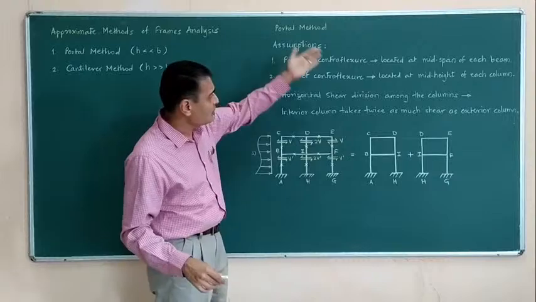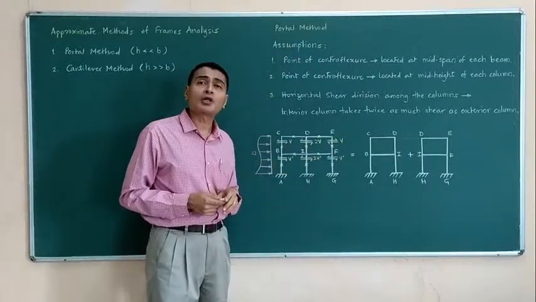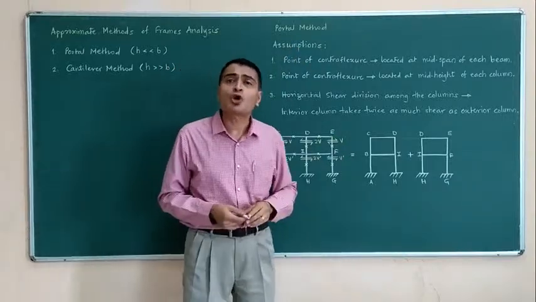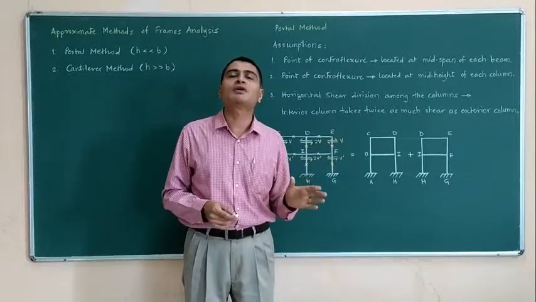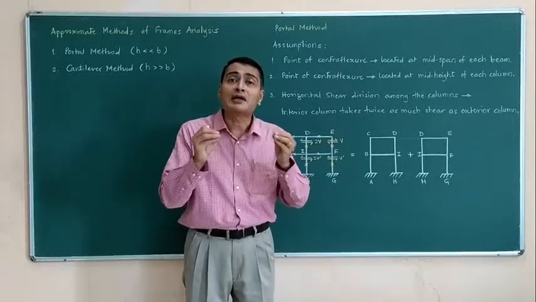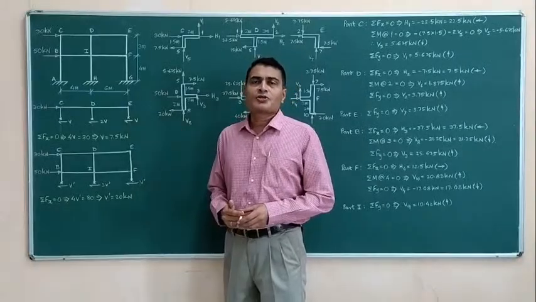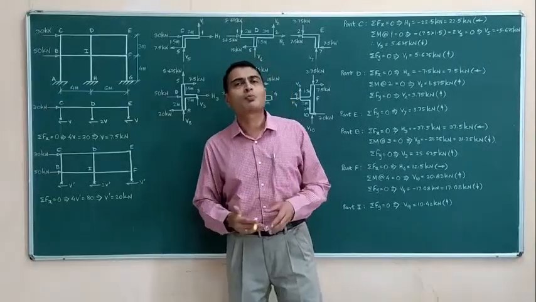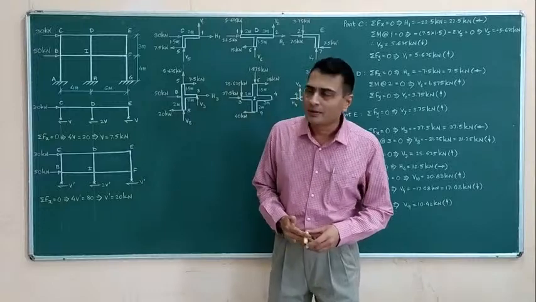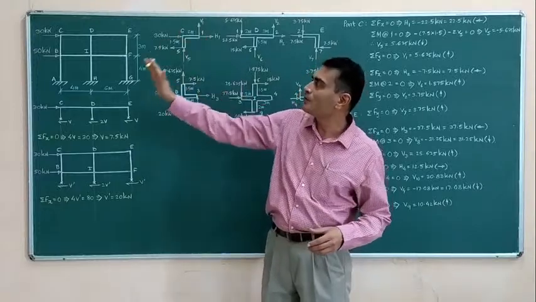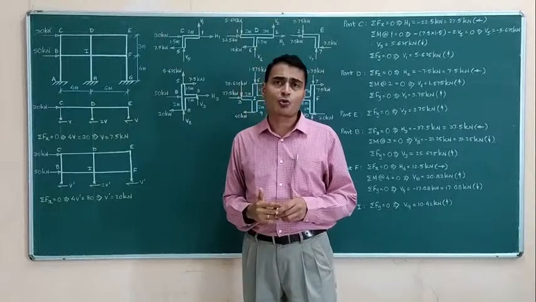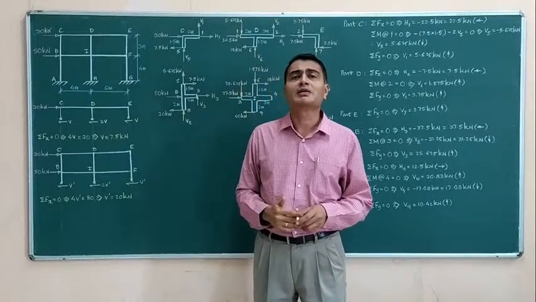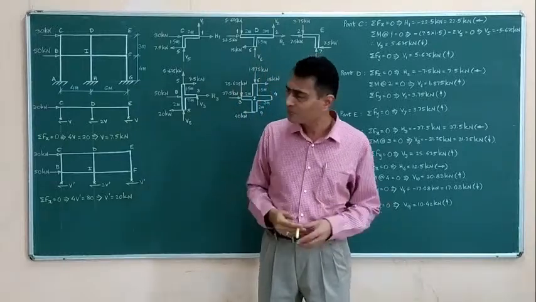So this is the introduction to the Portal method, and now we will solve a numerical example so that the application of this method will be absolutely clear to us. This is the first Portal frame problem that we are solving. It is multi-story, multi-span, and we are supposed to analyze this Portal frame approximately by Portal method.